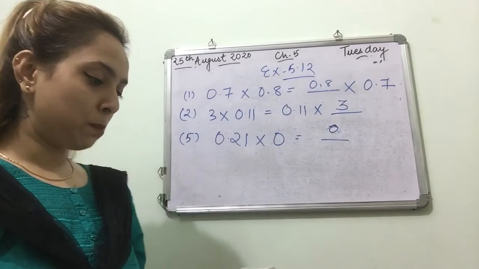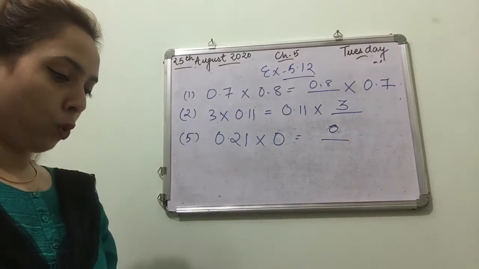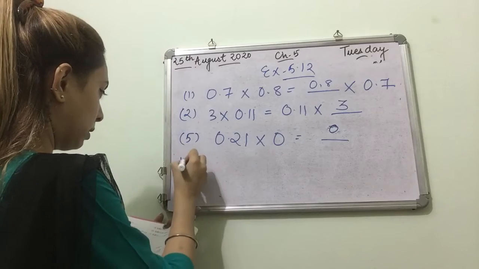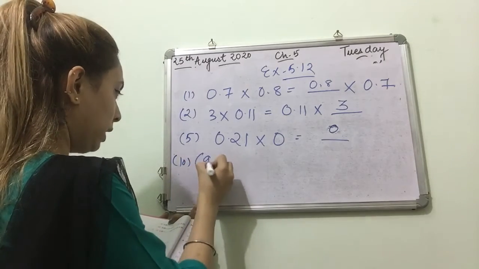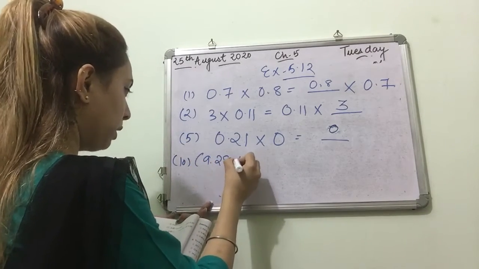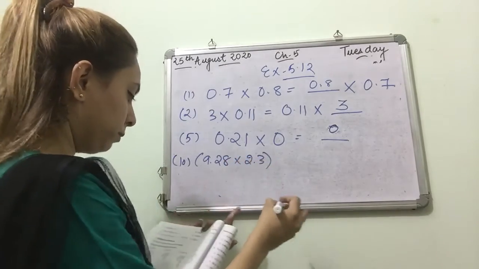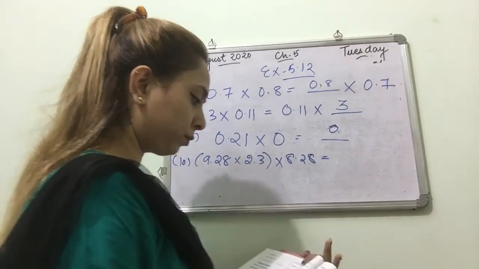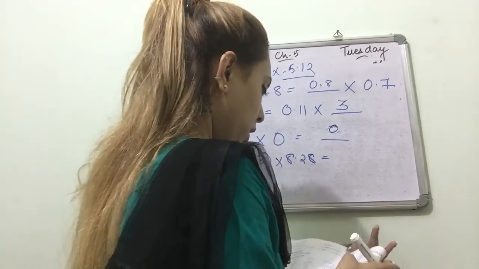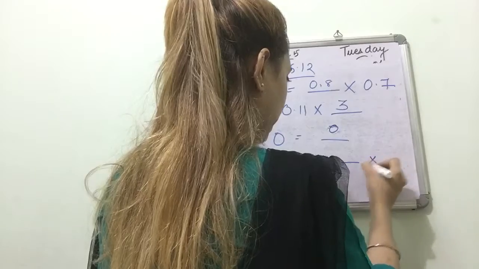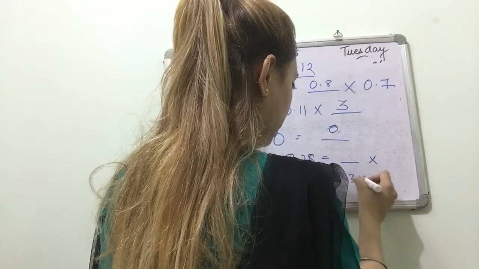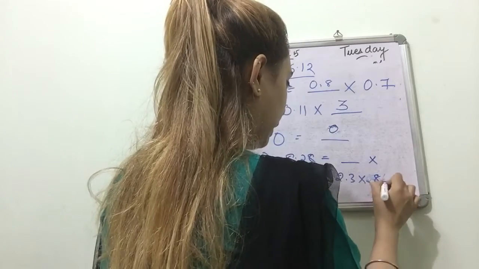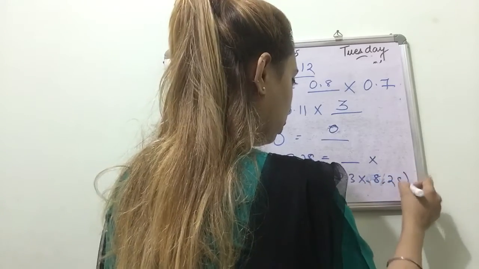So I would like to explain one more sum, which is sum number 10. 9.28 multiplied by 2.3 multiplied by 8.28 is equal to blank multiplied by 2.3 multiplied by 8.28.